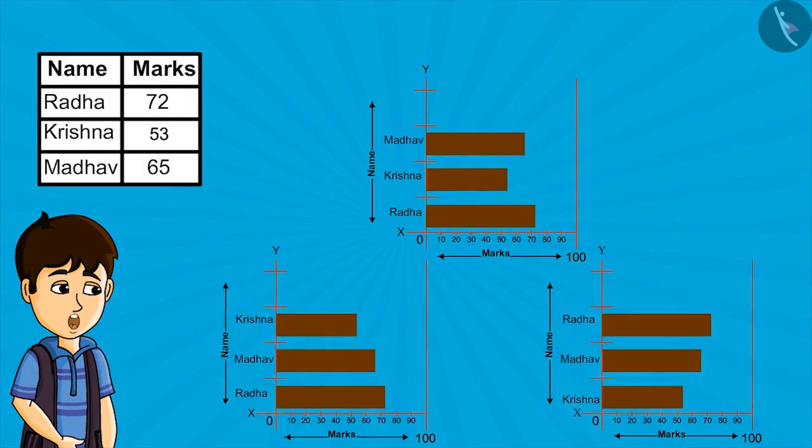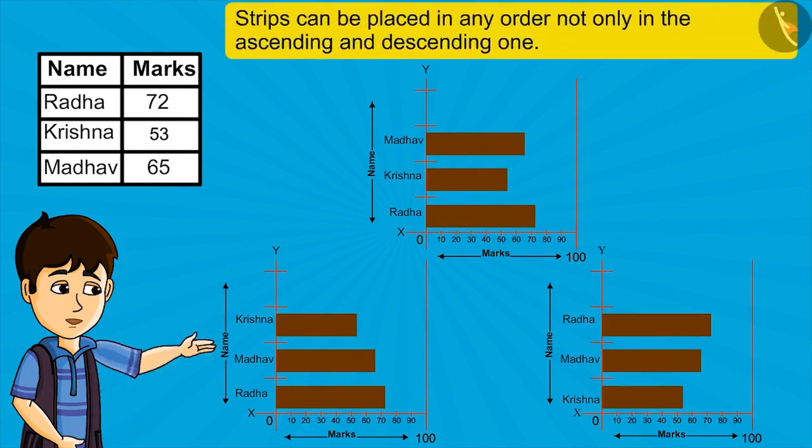Kids, you can pause the video and closely look at the chart. You can rightly interpret data from these three charts. So, we can say strips can be placed in any order, not only in the ascending and descending one.